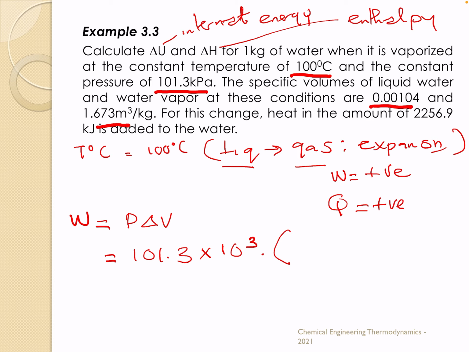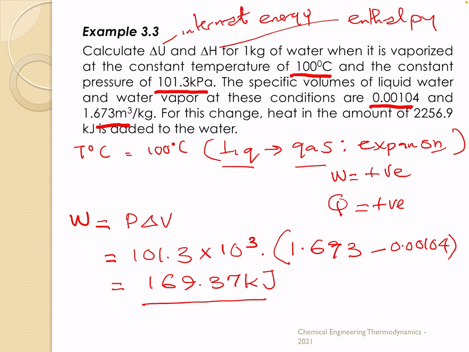The change in volume is from the higher volume, that of the gas or steam, 1.673, minus the liquid, 0.00104. That should give us 169.37 kilojoules.